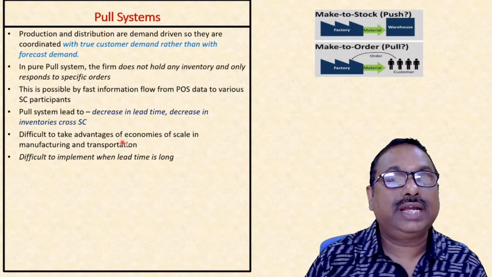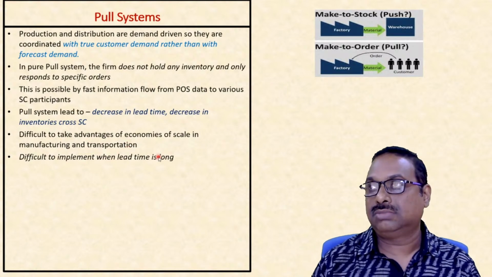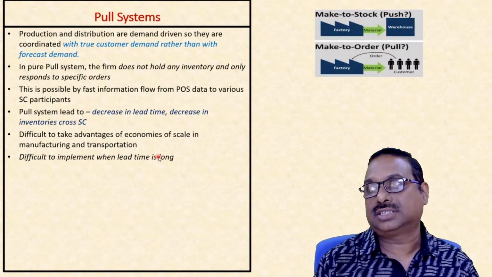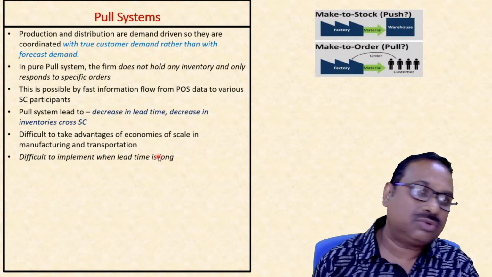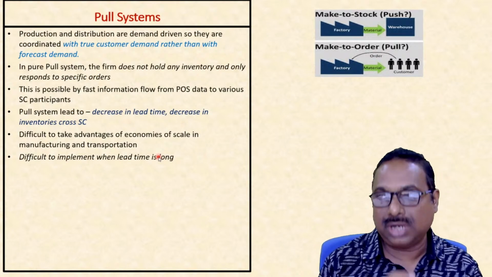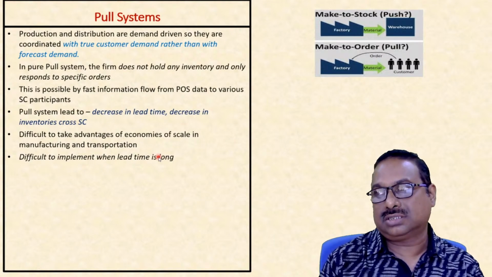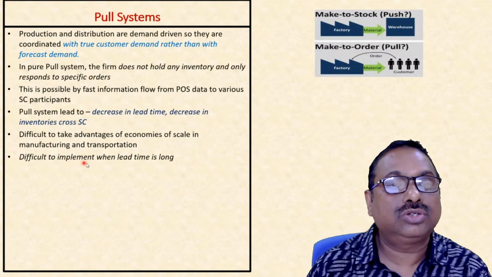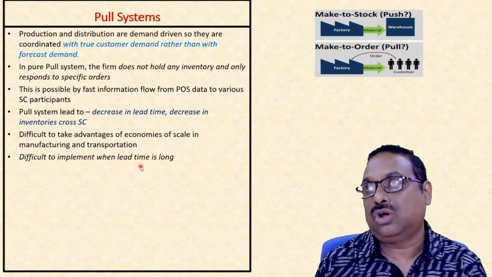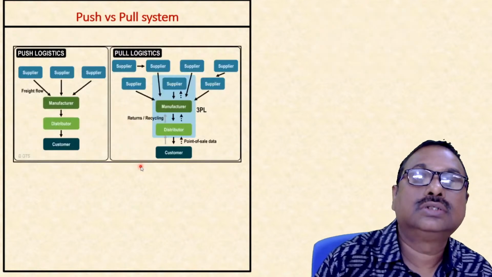But it is difficult to take advantage of economies of scale in manufacturing and transportation, because suppose the customer order is X and your economies of scale capacity is 2X. You cannot wait for another X. So you have to process the materials and supply. It is also difficult to implement when the lead time is long, because customer dissatisfaction will be there.